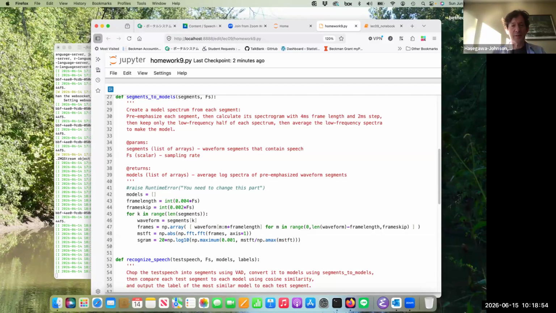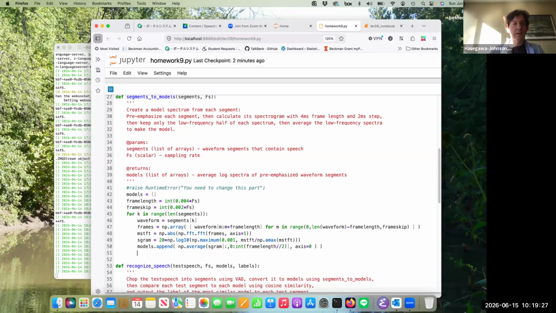Otherwise, I'll clip it at 1/1000th. And then finally, that should give me the spectrogram. So then I just want to calculate the model. I want to append to the model the average of the spectrogram along the, oh, and I want just 0 up to the integer of the frame length over 2. And I want to take the average along the time axis. And then I want to return those models.